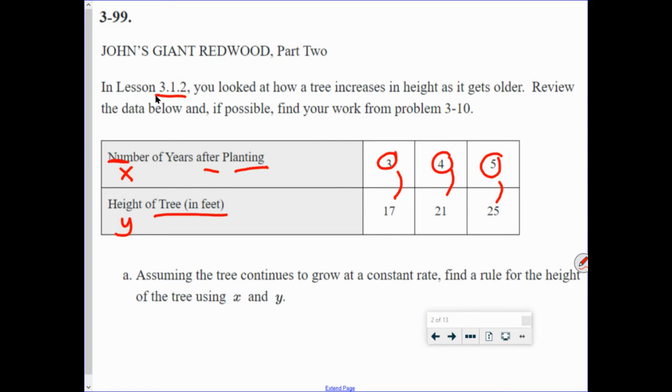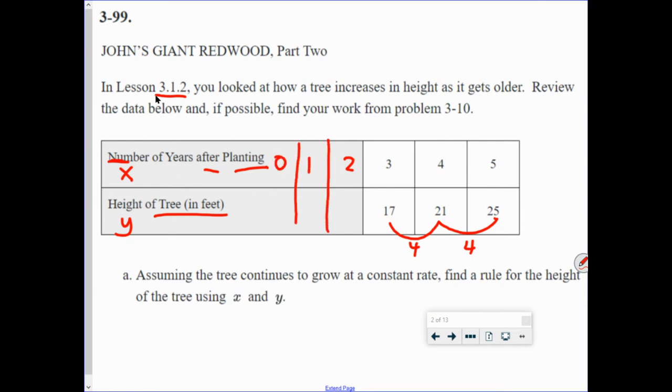Okay, so here's what we did. I don't know if you remember, but what a lot of people noticed is that the tree seemed to be growing 4 feet every time. If I worked backwards at 2, 1, and 0, at 2 it would be 13, at 1 it would be 9, and at 0 it would be 5.